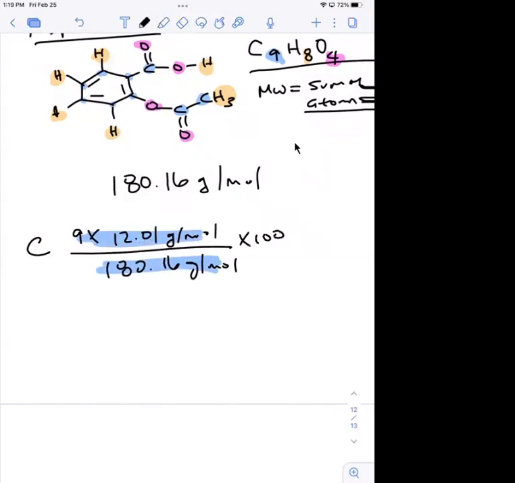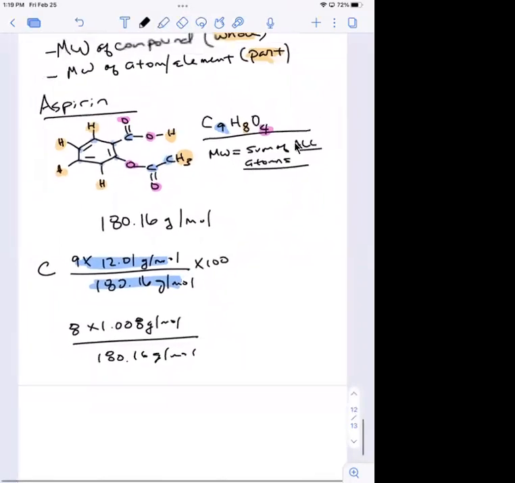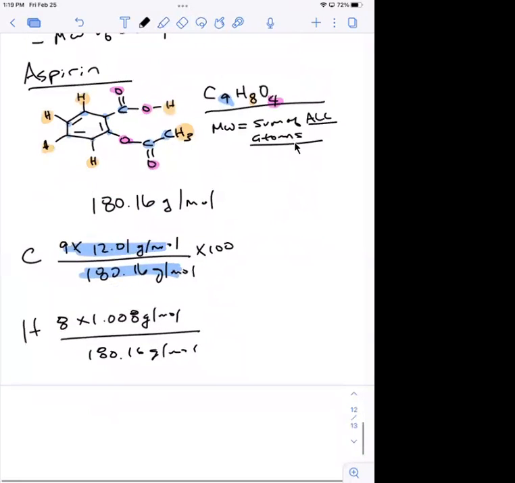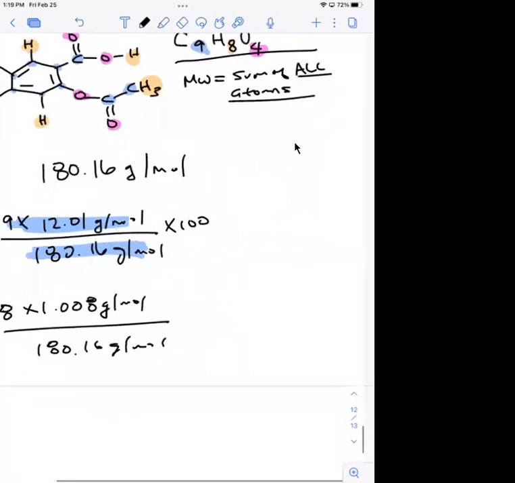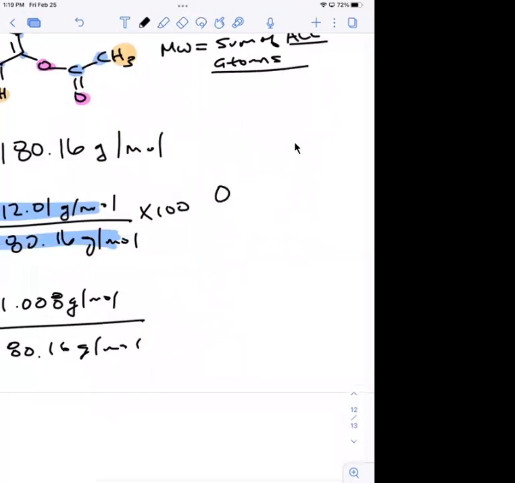Right? And then for hydrogen, we're going to do the same thing. 8 times 1.008 grams per mole divided by 180.16 grams per mole. And then for oxygen, we'll do the same thing.